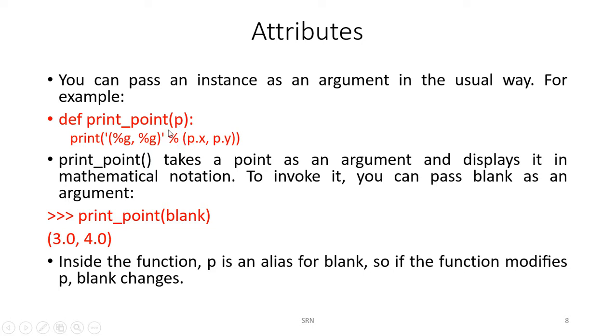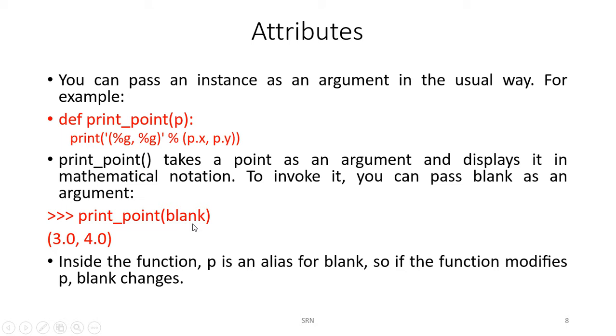Now how do we invoke this function? We know that functions do not get invoked on their own. We have to invoke that. So we write a statement print_point(blank). We are invoking the print_point function by passing blank as an argument to it.